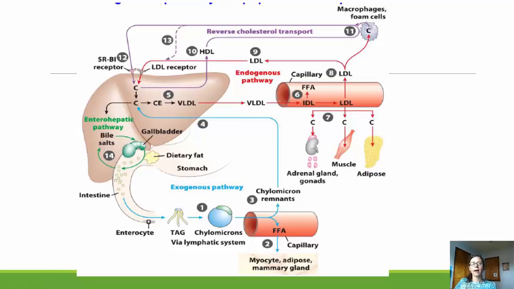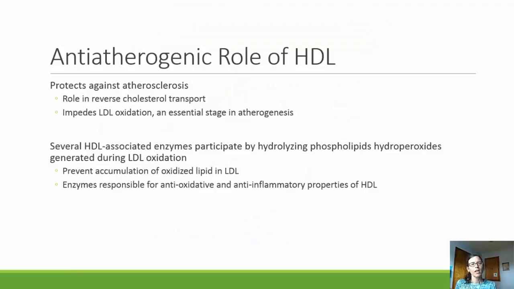So that's our overview of how cholesterol and lipids are transported throughout the body. As we can imagine, if HDL is picking up cholesterol from the body and delivering it to the liver, and part of it will be excreted, then it has an anti-atherogenic role.